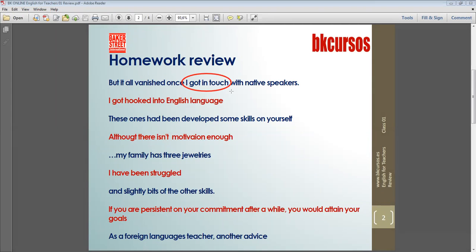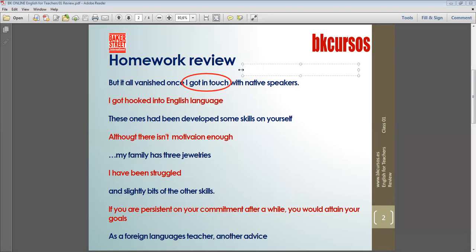Yeah, so that's a very specific contact with somebody for a specific reason, isn't it? An email or a telephone call. So when we were talking about learning English, and we said the problems vanished once I got in touch with native speakers, not really, because they were not specific native speakers. So what could we say there instead of to get in touch with?